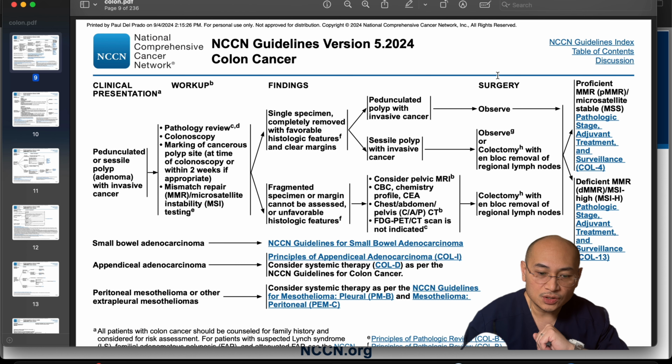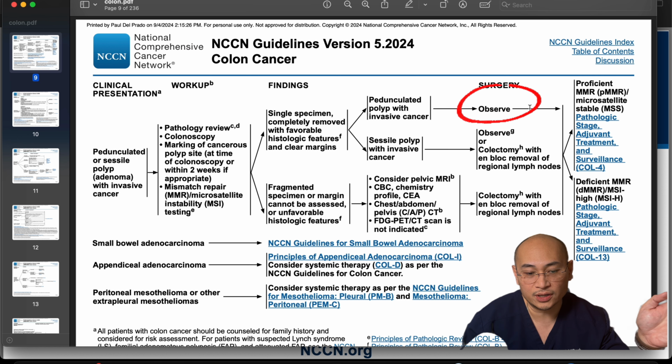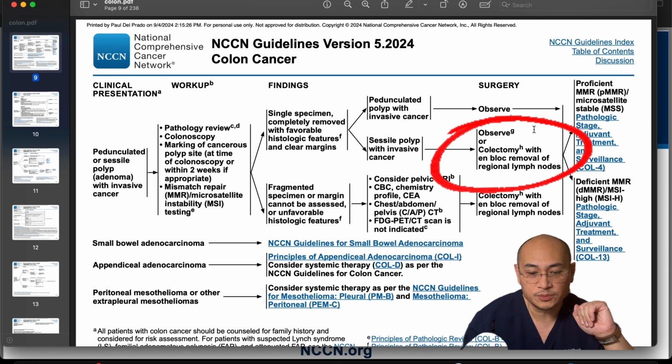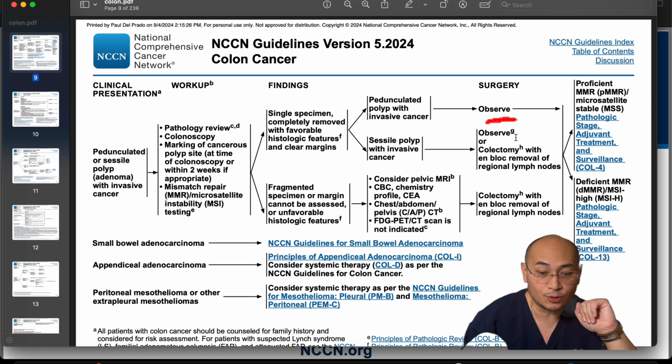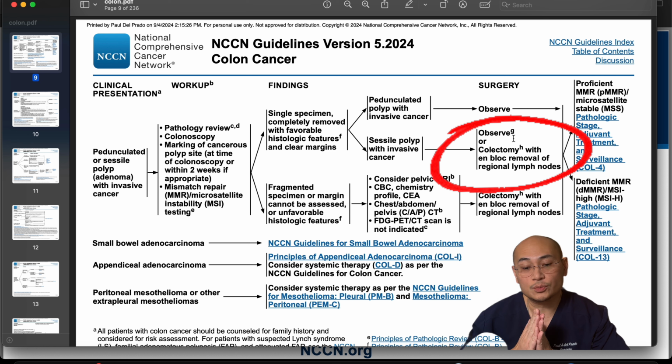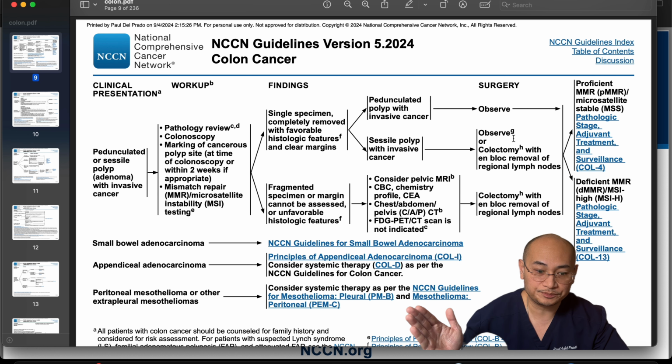And from there, you could see the options of either observation for a pedunculated polyp with invasive cancer versus a colectomy with en bloc removal of the regional lymph nodes.